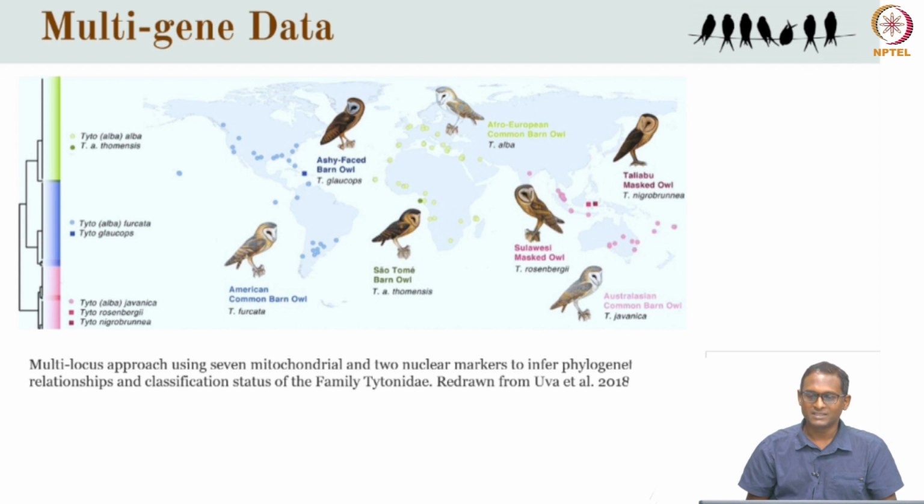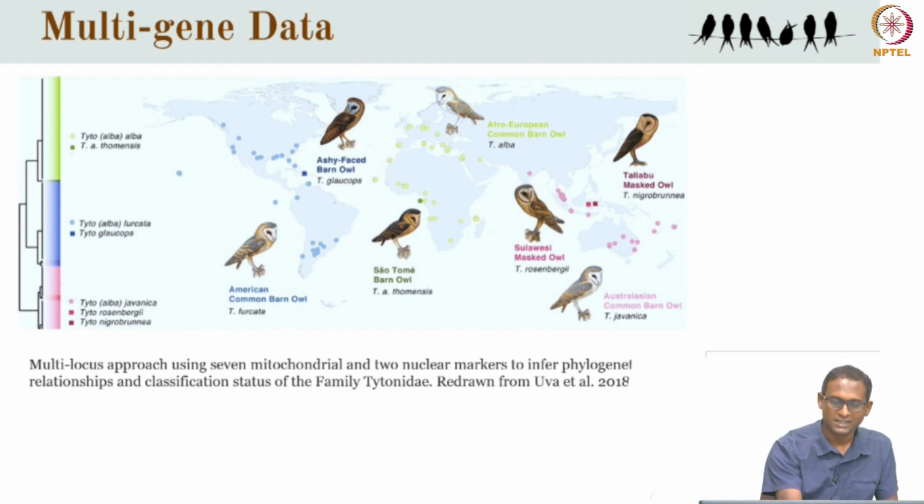Multi-gene data, this is just if you were to have genetic data. So I'm going deeper into the genetic data part. You want to have several lines of evidence, because just having a few genes may not be sufficient. You want different kinds of genes. You want, let's say, mitochondrial data.